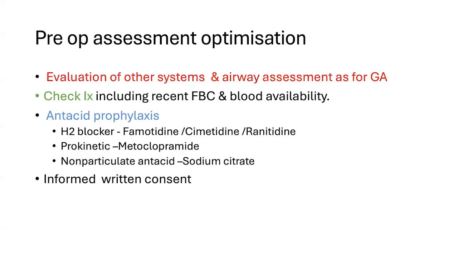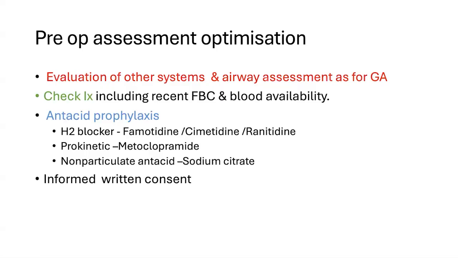A detailed airway assessment is also important, as for a general anesthetic. Checking all the investigations and optimizing the systems is very important. We should also have a recent full blood count, and blood should be available, at least 1 pint, for a normal cesarean section without any complication.